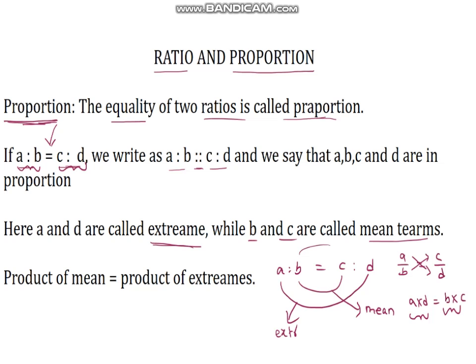B and C are called means. So we get the product of means equals the product of extremes. B into C equals A into D. We write it like this also. So the product of means equals the product of extremes. This is the formula for proportions.